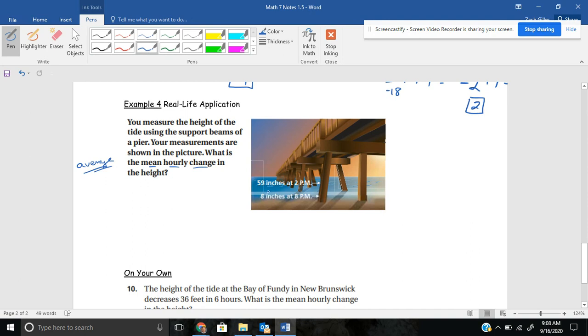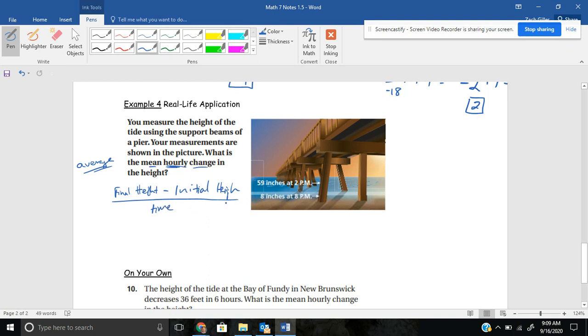So let's see, the final height, what we ended at, let's take our final height and subtract our initial height, or our starting height. And then we need to divide that by, if we're looking for the average, that means we want to know how much on average did it change each hour. Well, how many hours went by? What's our elapsed time, or how much time has gone by?